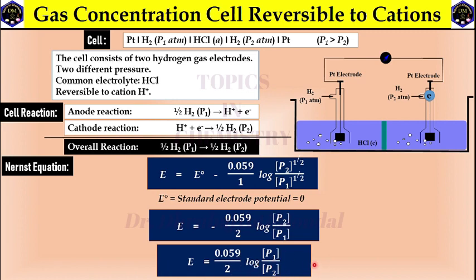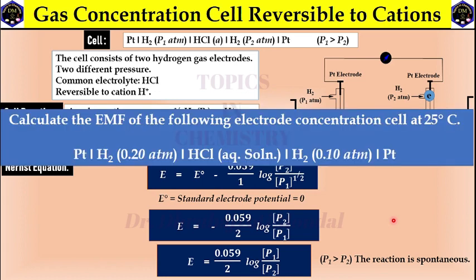So this is the overall Nernst equation for this cell. And you can see here, if P1 is greater than P2, then E cell will be positive and the cell reaction will be spontaneous. So the important condition is P1 greater than P2. That is the most important condition for this cell reaction to be spontaneous. So this is the gas concentration cell reversible to cations.